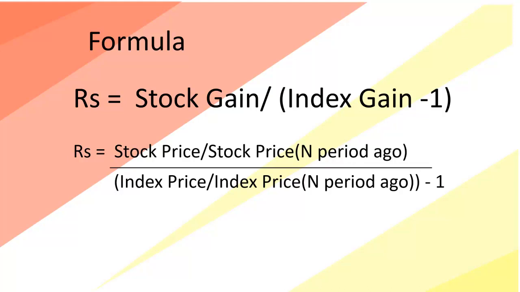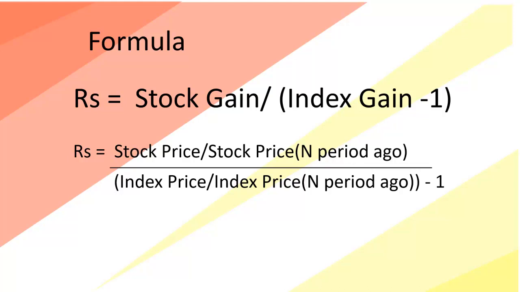And the formula is a very standard formula. I can say the stock gain divided by the index gain, minus 1. To elaborate further: the stock price divided by the stock price n periods ago, divided by the index price divided by the index price n periods ago, minus 1. And this will give us the relative strength number.